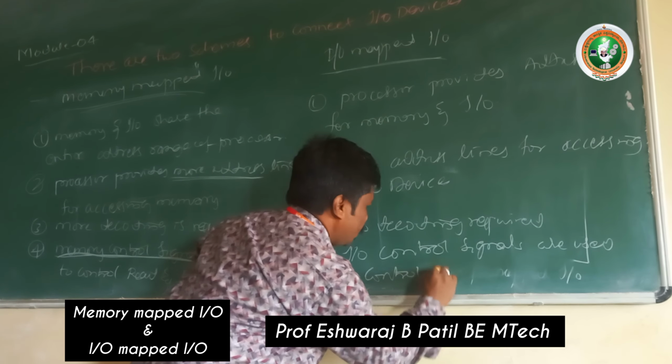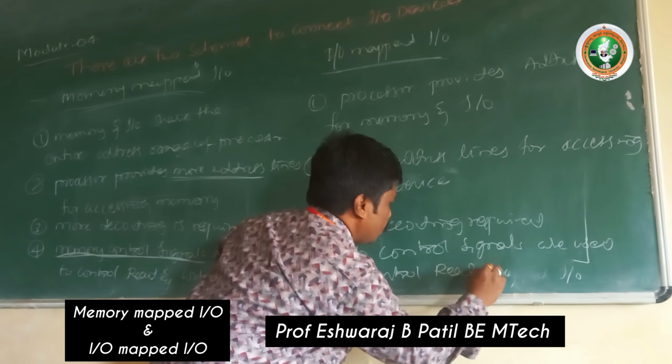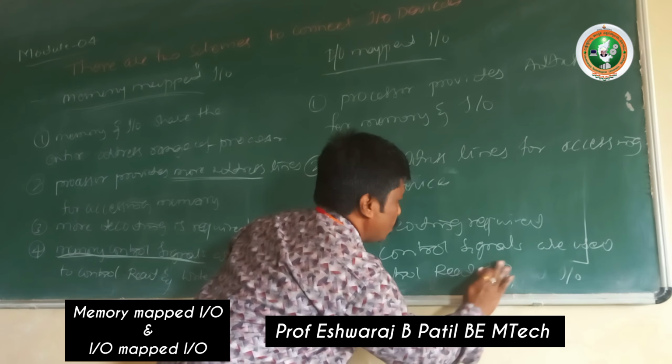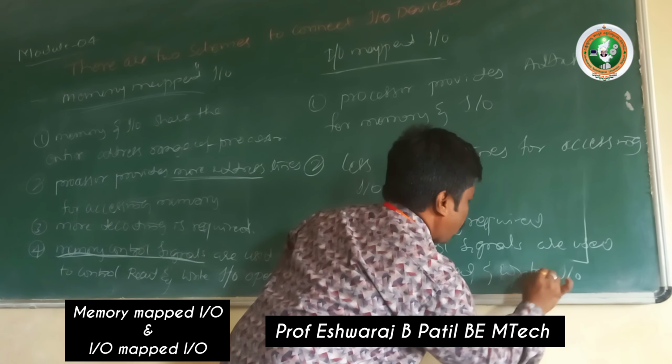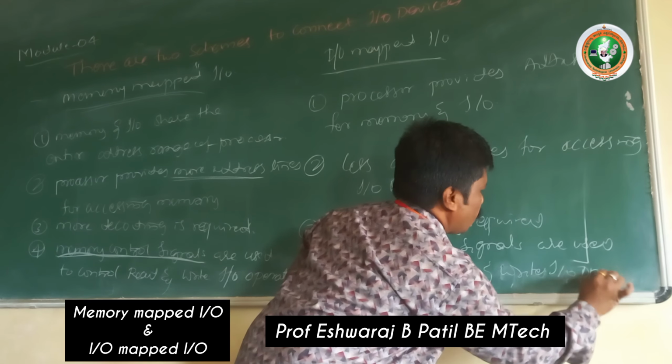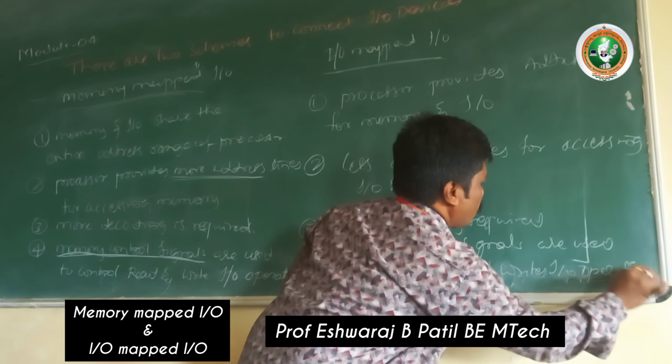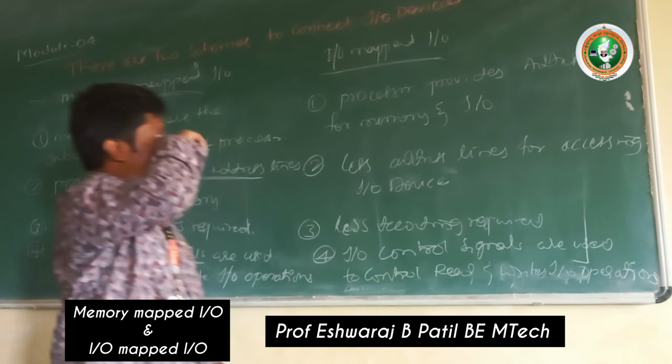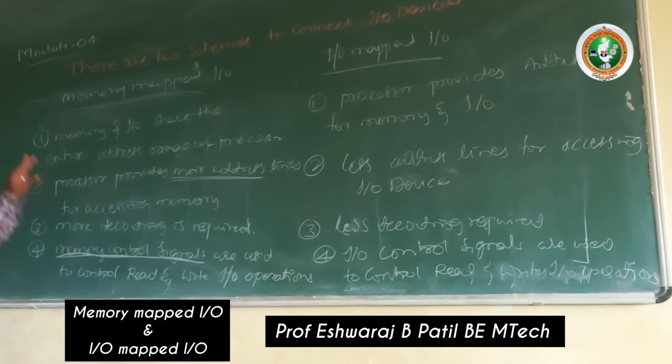To control read and write IO operations. Okay, these are some differences between memory mapped IO and IO mapped IO.